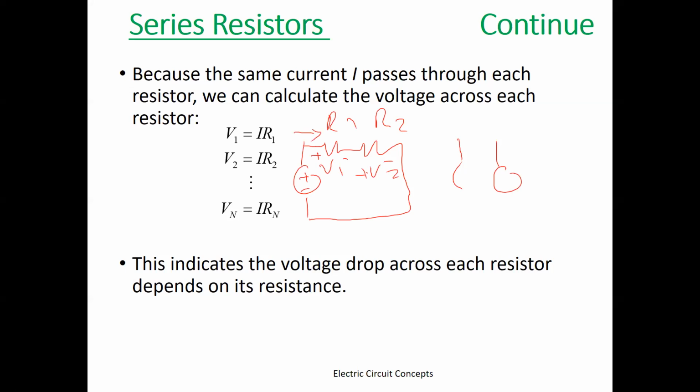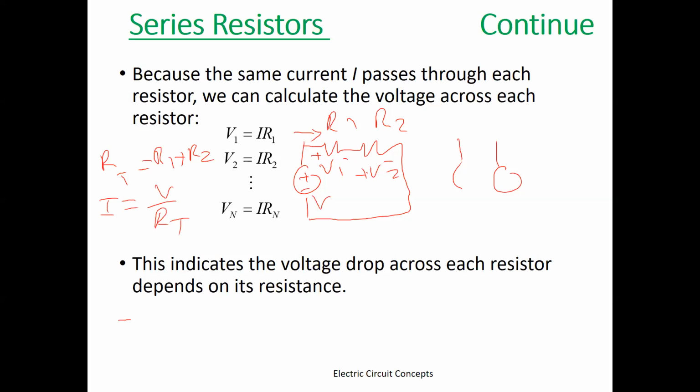After we find RT, which is R1 plus R2, and I will explain this more in the coming slides, and we have the supply voltage V, we apply Ohm's law, so I will be V over RT.